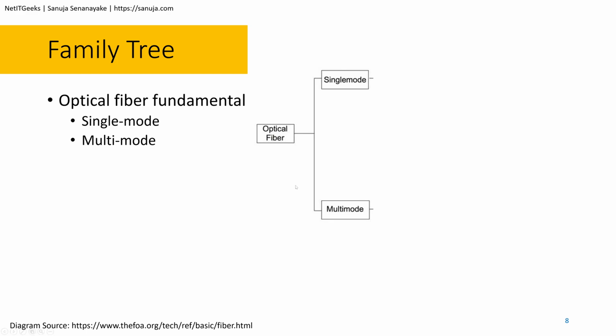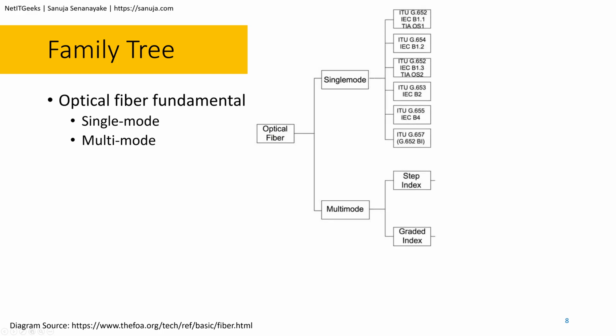But just remember, the fiber optic cable or optical fiber cable can be divided into two parts called single mode and multi-mode. That's the first division. The next division is that within the single mode, there are different grades of that cable, and you can see those grades up here. In multi-mode, we also have two types called the step index and the graded index.